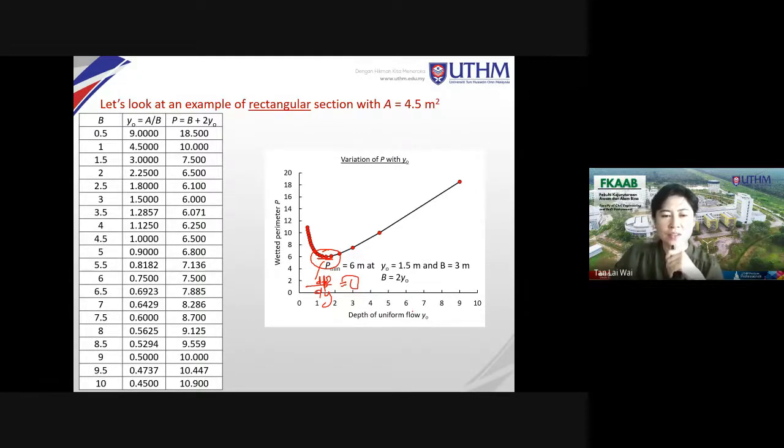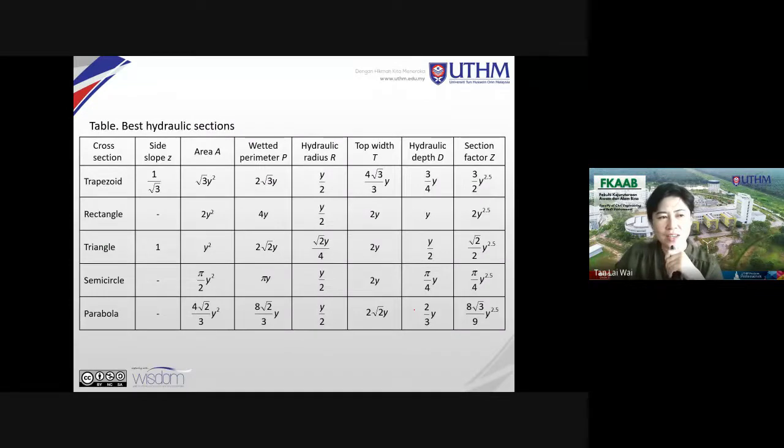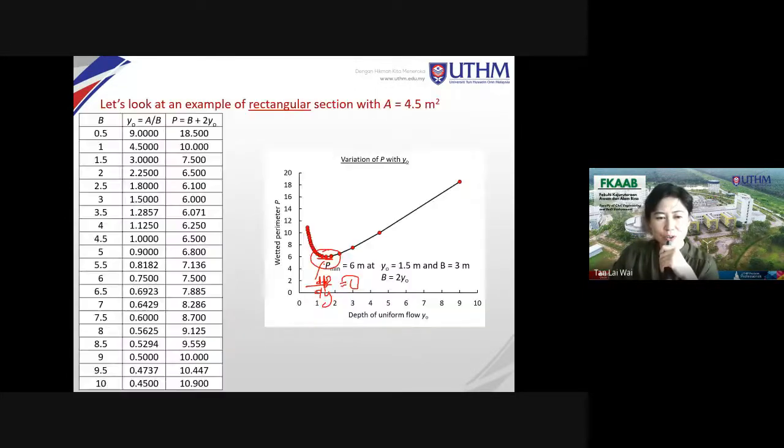All right. So let's look at this. This table summarizes the formula for best hydraulic section. How are we going to get this formula? It is from this concept, where we set dP over dy equals to 0. It will give us the best hydraulic section.